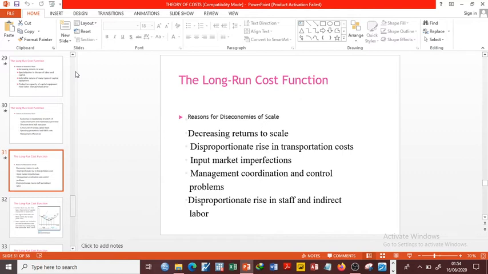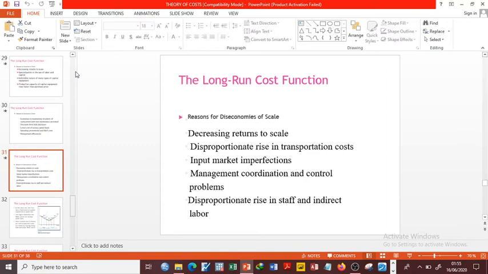Then management coordination and control problems, right? Still with management, if management fails, I explained the other one on the other side of economies of scale, like in a negative way. But if management is okay and well coordinated, and it cares much about reducing costs, then we shall have economies of scale.